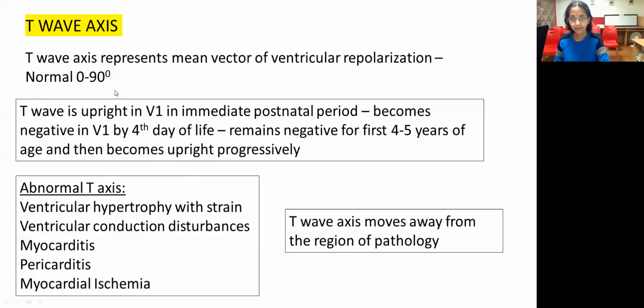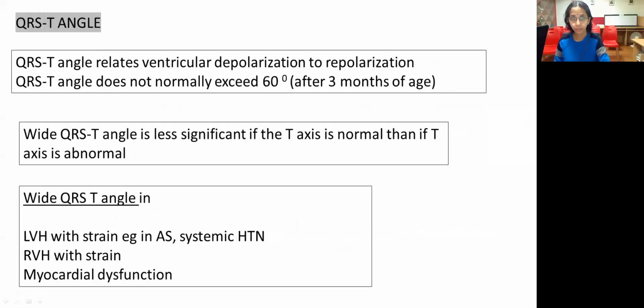And with that understanding, we need to come to an important concept, the QRST angle. So what does the QRST angle mean? It relates to the correlation between ventricular depolarization and repolarization. And normally, as we understand, the QRS axis and the T wave axis are closer to each other, and hence your QRST angle should not exceed 30 degrees after 3 months of age.